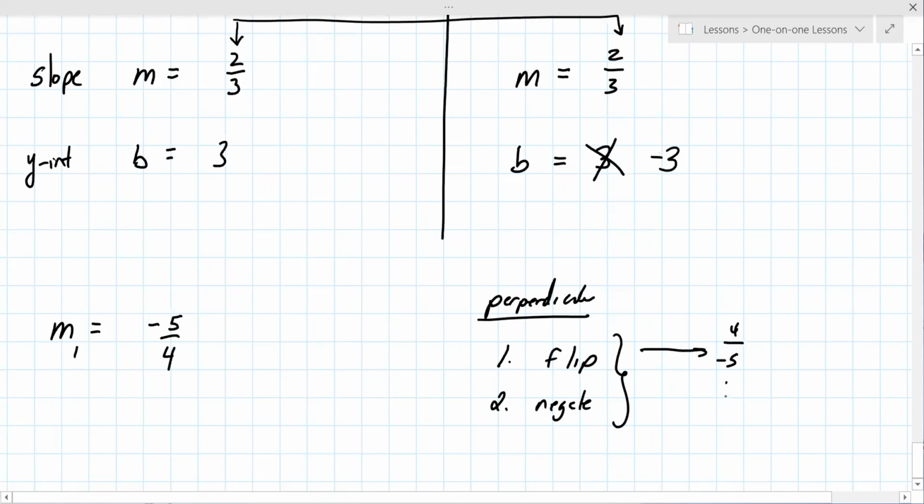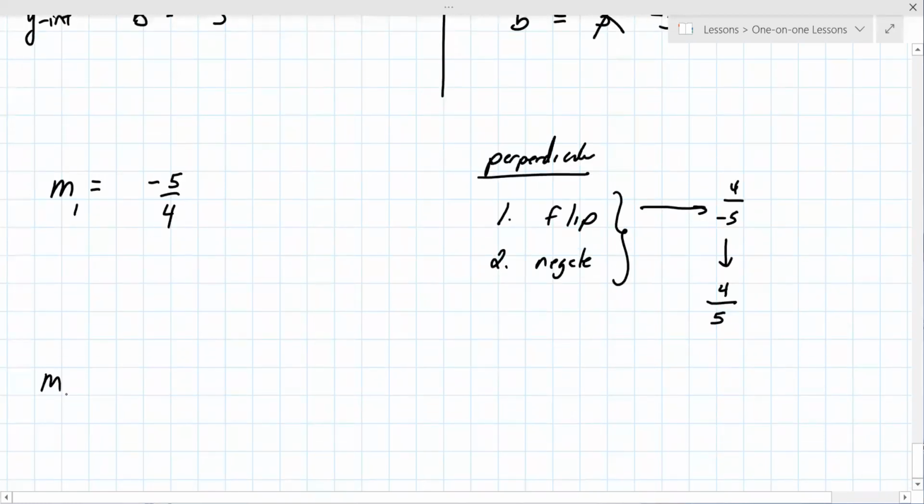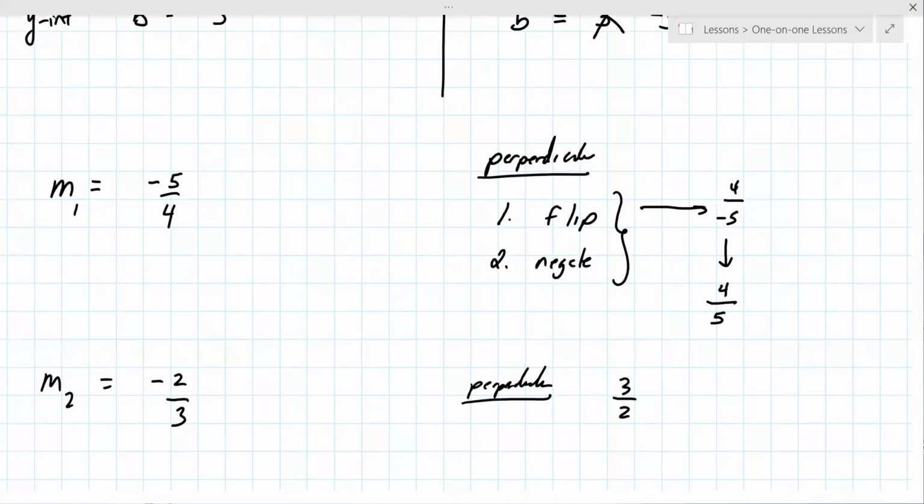When you negate it, what happens? It becomes positive. Okay. So let's say the slope is -2/3. What is the perpendicular slope? 3/2. Excellent.